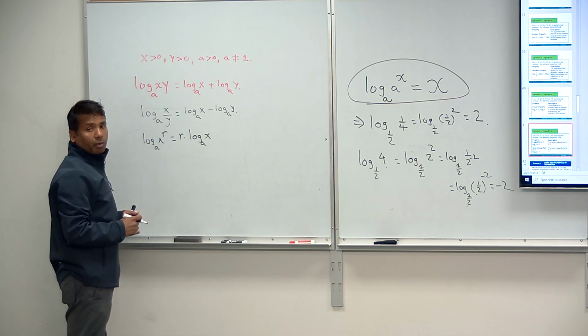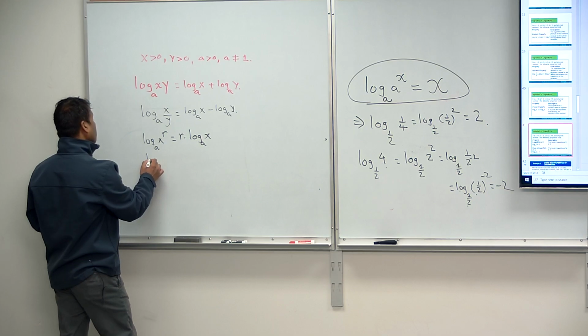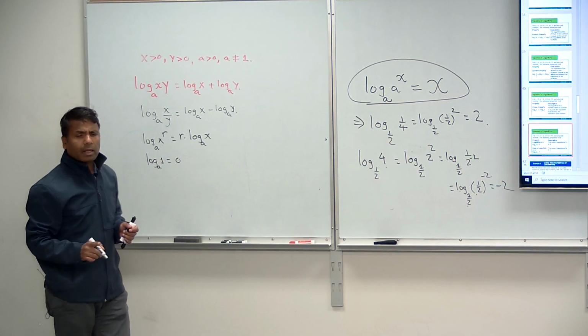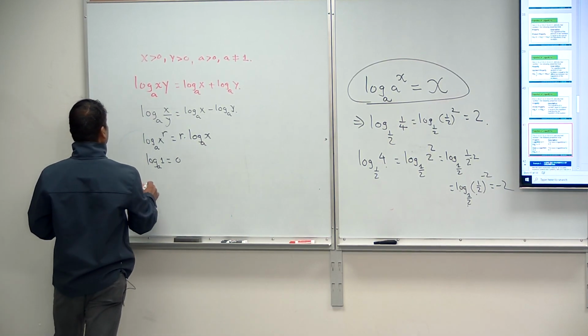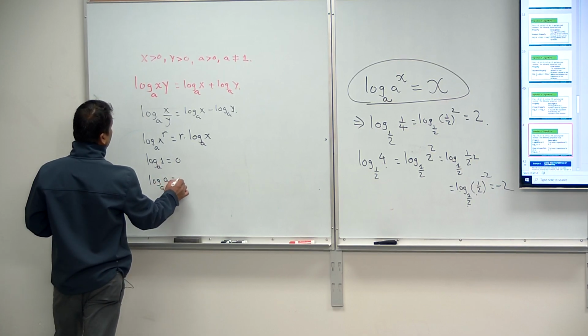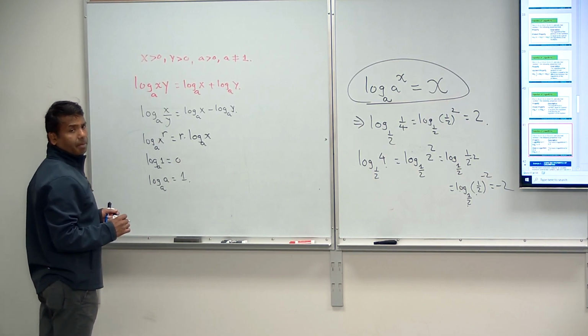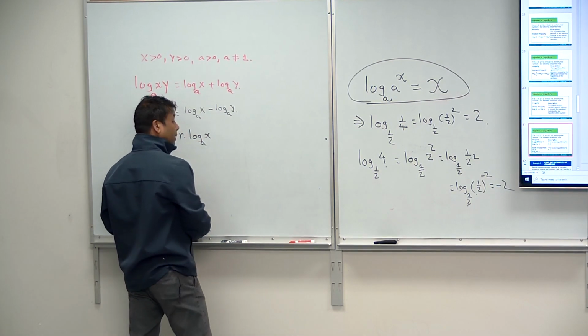This is the power property. Logarithm with base a of 1 is always equal to 0. And the last one is logarithm with base a of a is always equal to 1. Make sense? These are the properties of logarithm.